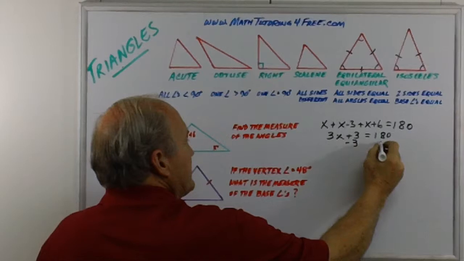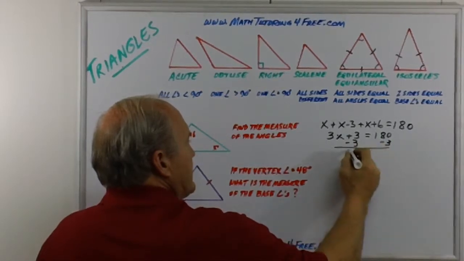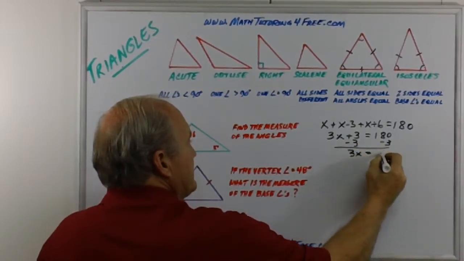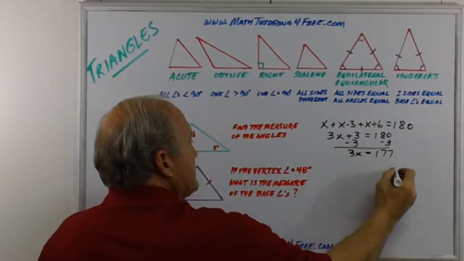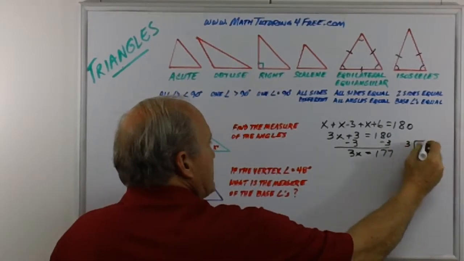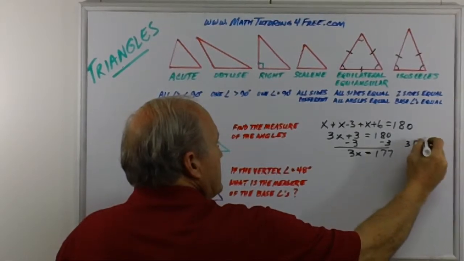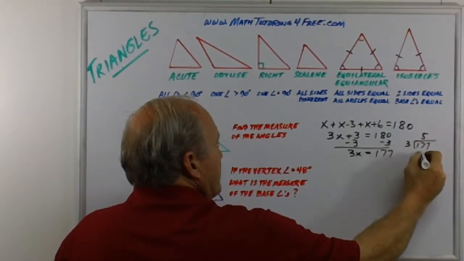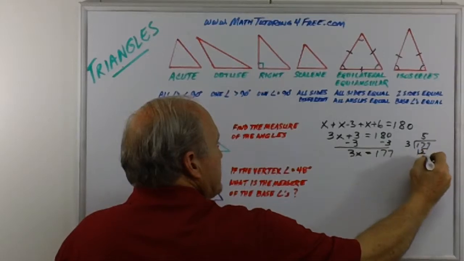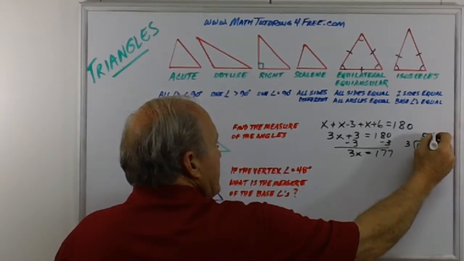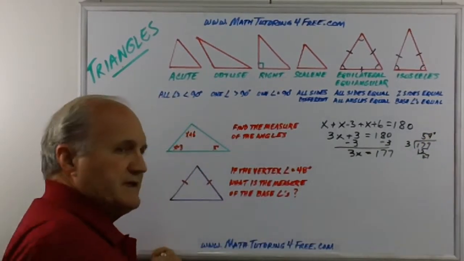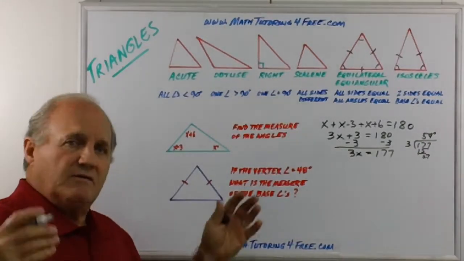Subtract 3 from both sides. We end up with 3x is equal to 177. 3 goes into 177, 59 times.